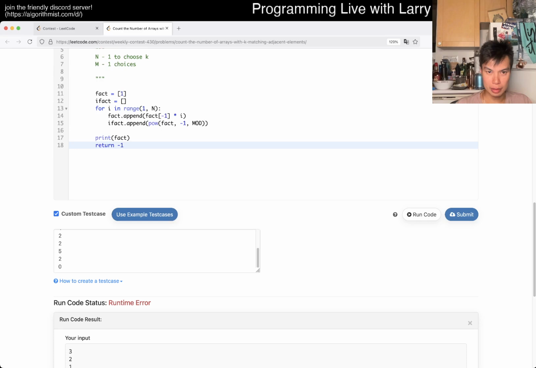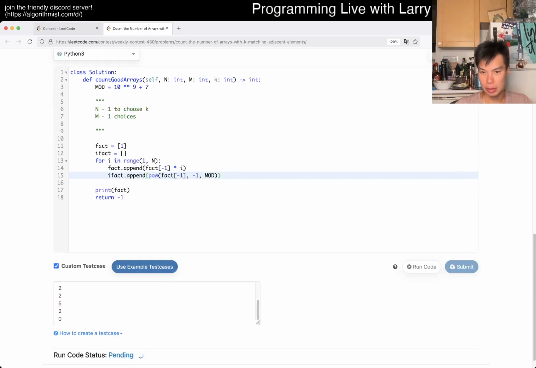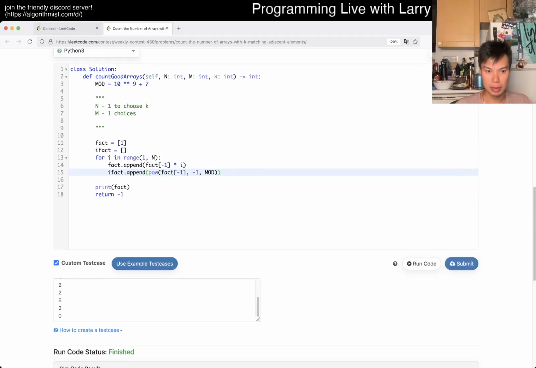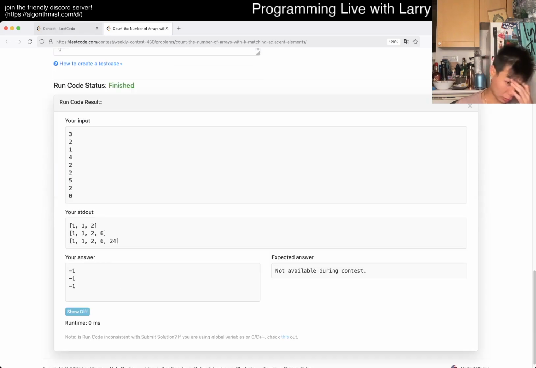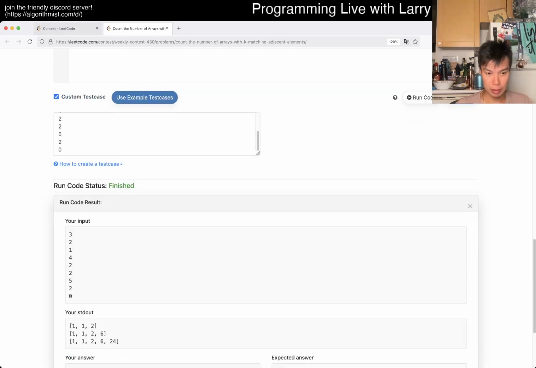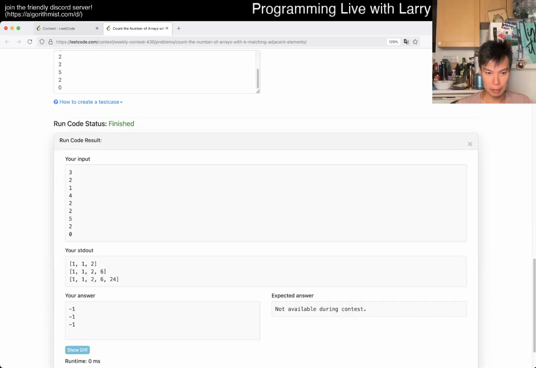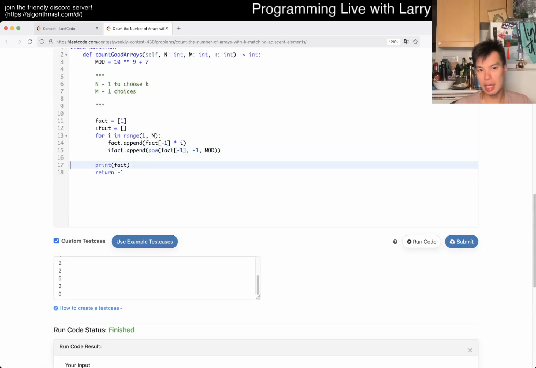Oh, fact, the new one. Oops. Okay, 1, 2, 3. Okay, whatever. That looks about right. So then now we want n-1 choose k, right? So that is just going to be, oh, I need to mod this actually. That's pretty bad. I forgot.